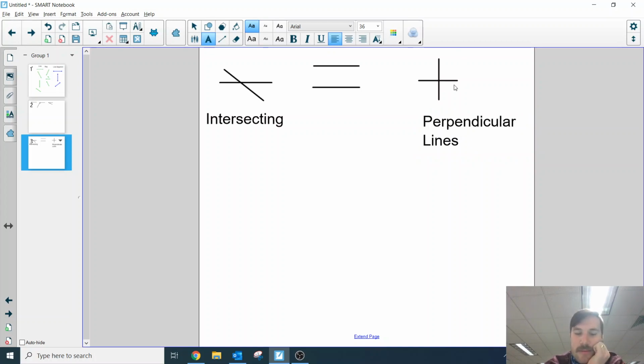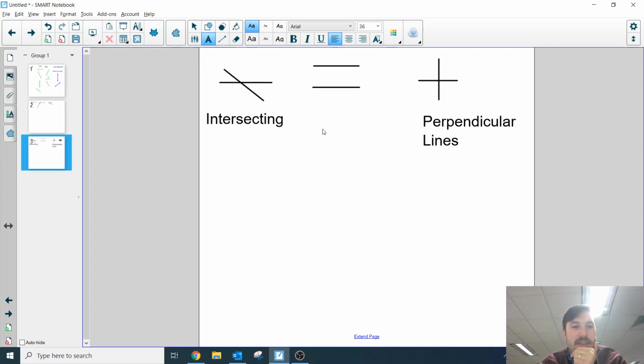Perpendicular lines or line segments are lines or line segments that intersect perfectly at 90 degrees. So they make this nice little square, kind of this perfect corner there. So that's a perpendicular line.